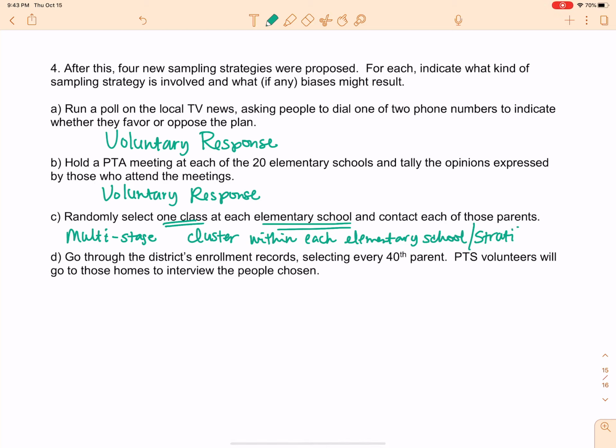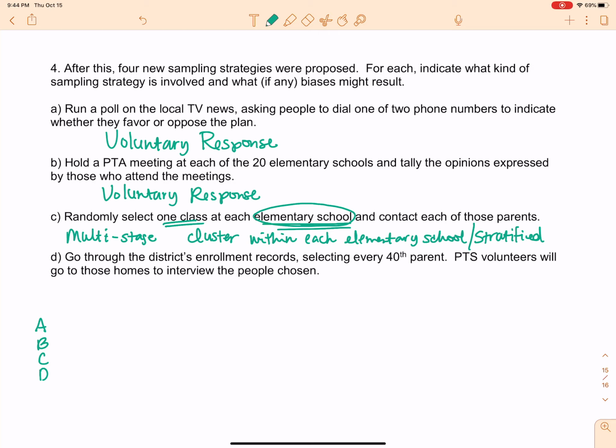Because if you'll think about it, okay, stratified, I'm looking at each elementary school, okay? So let's say I have elementary school A, B, C, D. I know there's 20, because in number 3, the example I just did, there were 20 elementary schools. So let's say I've got A, B, C, and D, and I randomly select one class at each.